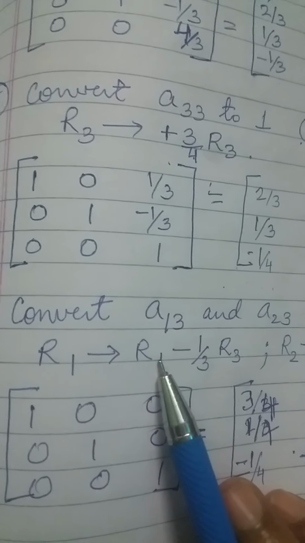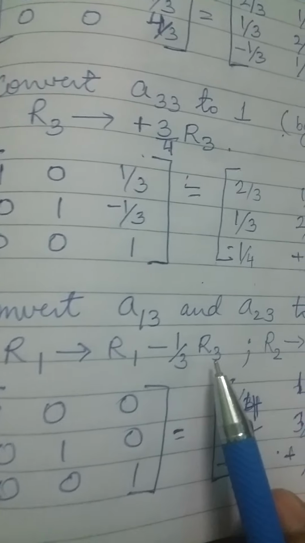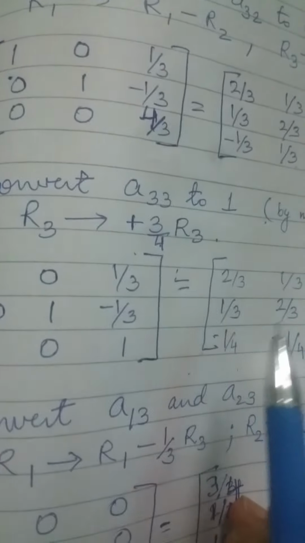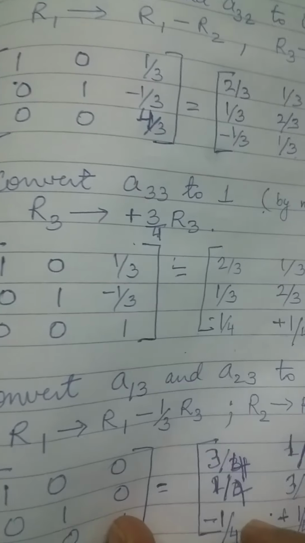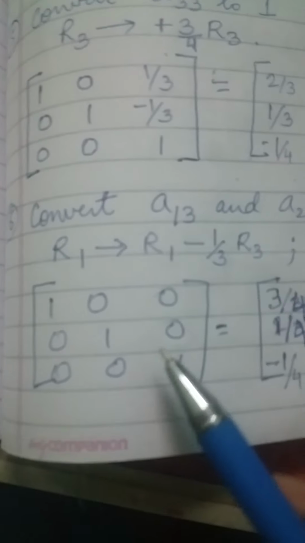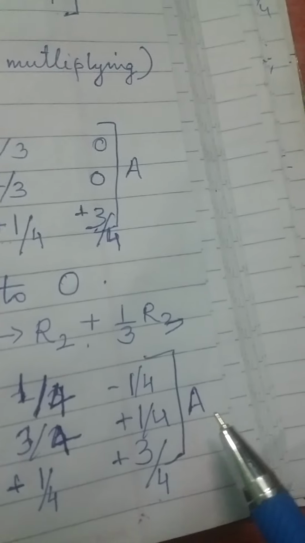Means R1 transforms to R1 minus 1 by 3 R3, R2 transforms to R2 plus 1 by 3 R3, and then you will get your answer after applying this operation on both sides. And the answer that you will get will be this. So you will write A inverse equal to this. So what you notice, in this step we are obtaining the identity matrix here, a new matrix here along with A.